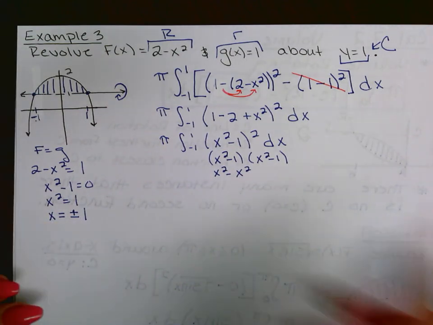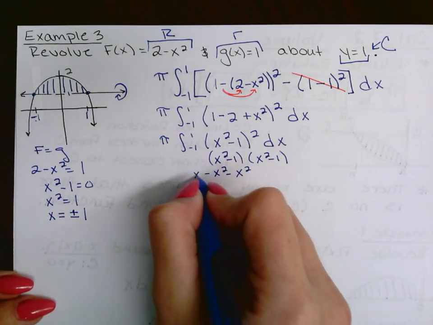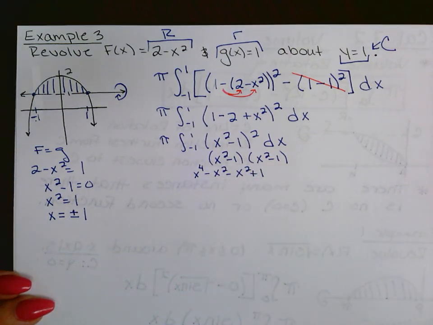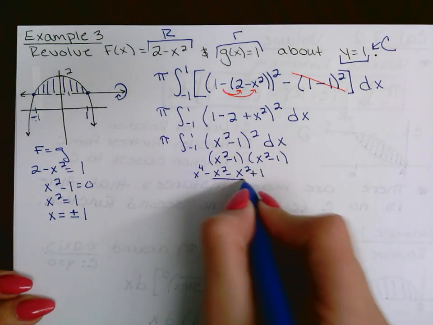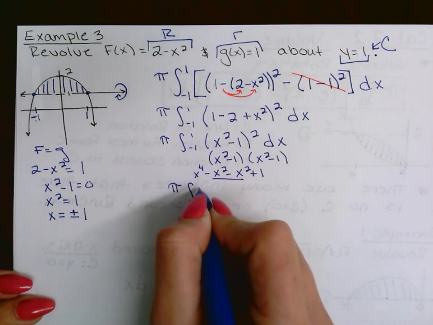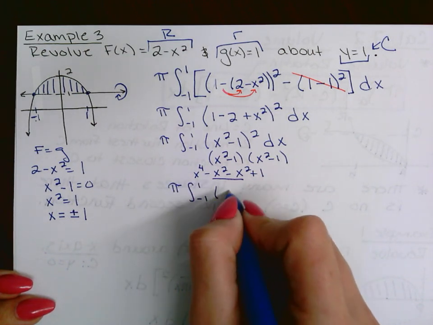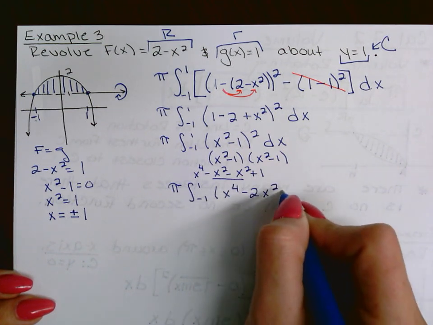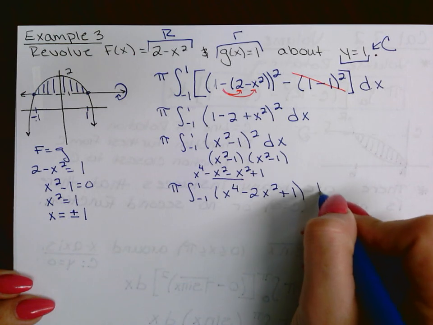I made a mistake. There we go. And then these two combine, and I'll have pi times the integral from -1 to 1 of x to the 4th minus 2x squared plus 1 dx.